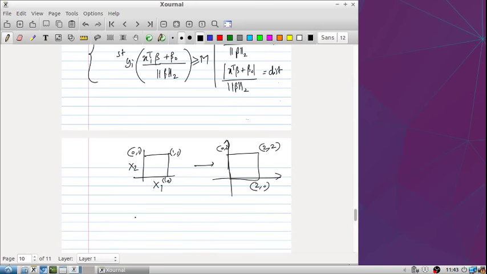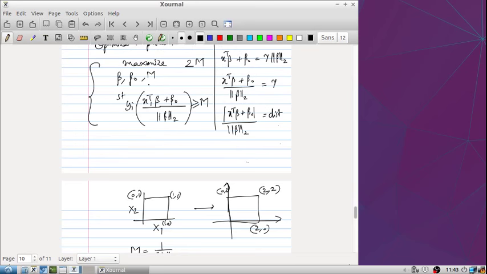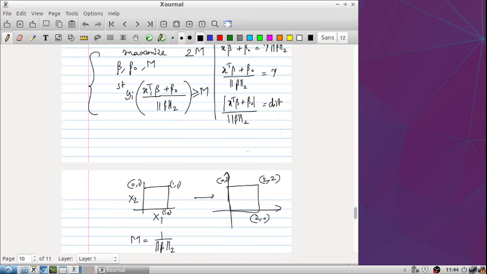So what I'm going to do is restrict my margin to be equal to 1 over the norm of beta. The idea is that I relate the margin m to the beta vector, so that I don't have this scaling issue. Before, if I doubled things, m would have doubled, but now m depends only on beta, so it's not going to double.